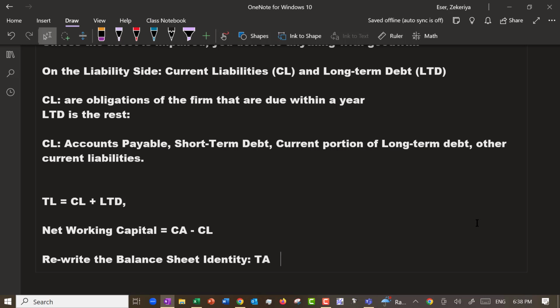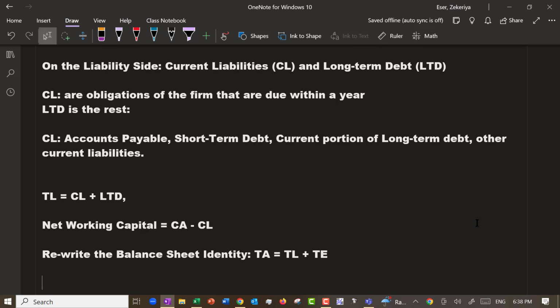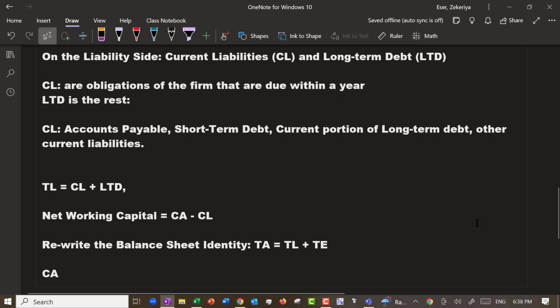Which is total assets equals total liabilities plus total equity. That means current assets plus fixed assets, or net fixed assets, equals current liabilities plus long-term debt.